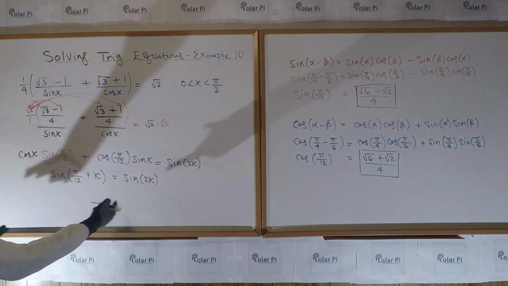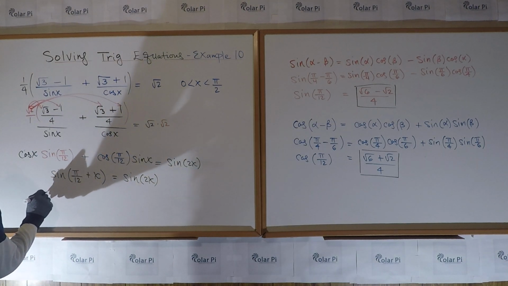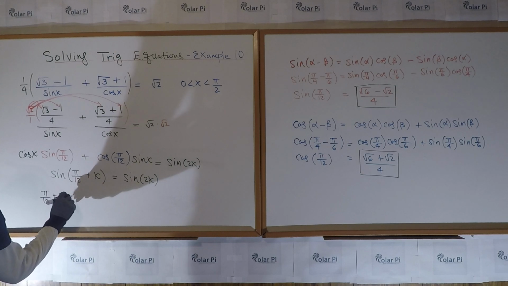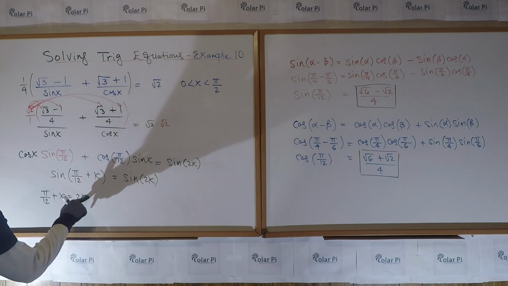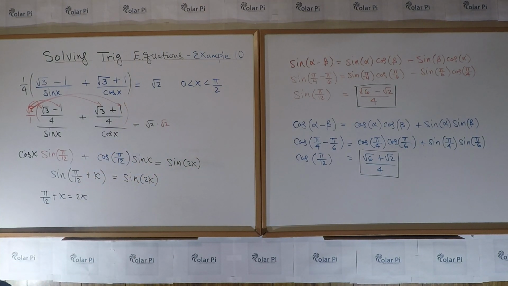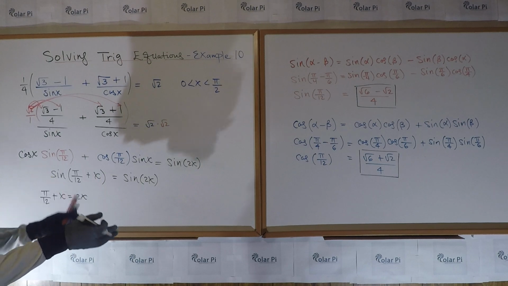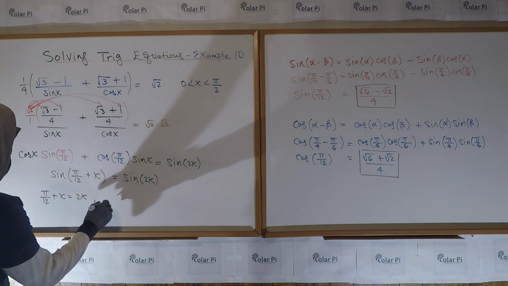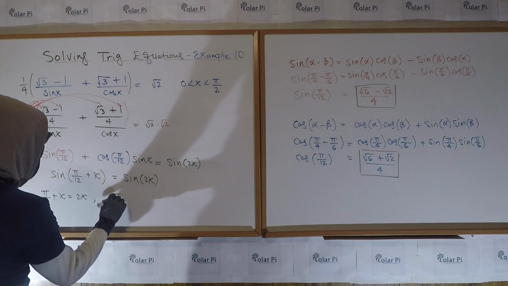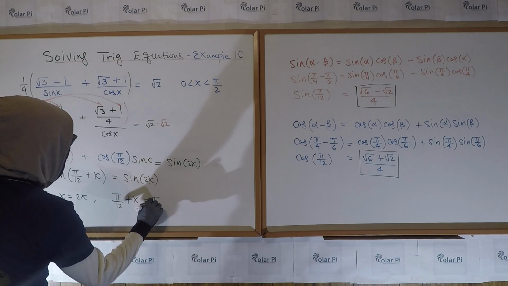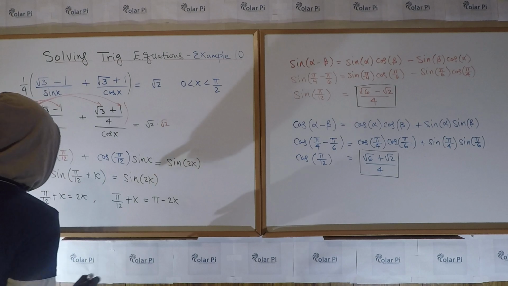And then we realize that this is true only if pi over 12 plus x is equal to 2x, or, because we know that the sine of an angle in the first quadrant is the same as the sine of pi minus that angle in the second quadrant, since sine is positive in the first and second quadrants, we can come up with this other equation, which is pi over 12 plus x equal to pi minus 2x, right?